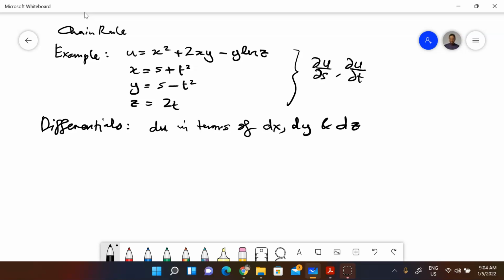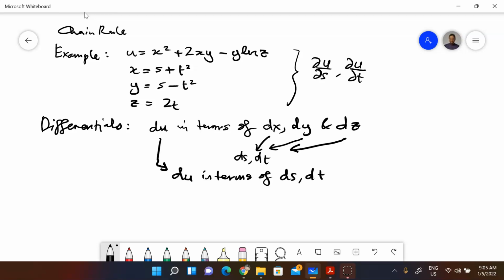That's the differential of the first equation, but then dx will be written in terms of ds and dt, and similarly for dy and dz. So in the end you'll be able to express du in terms of ds and dt.